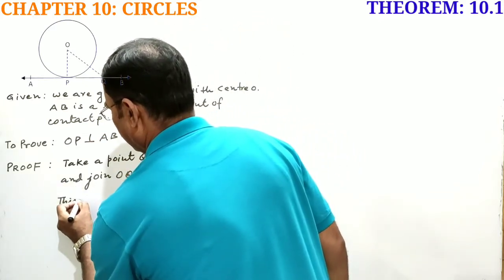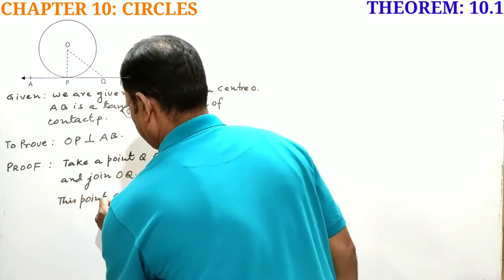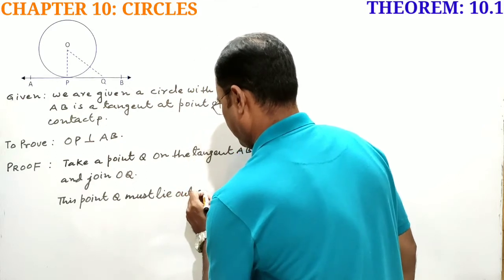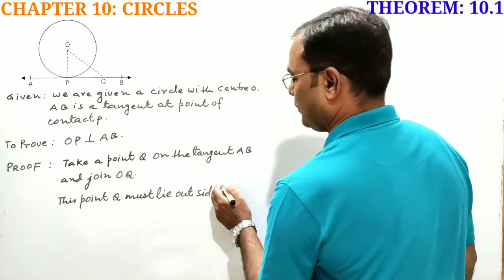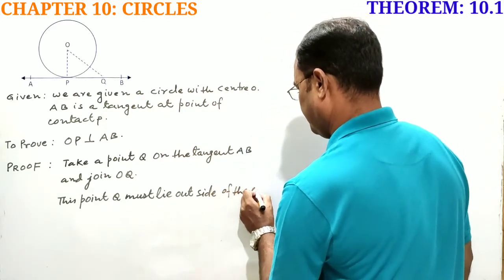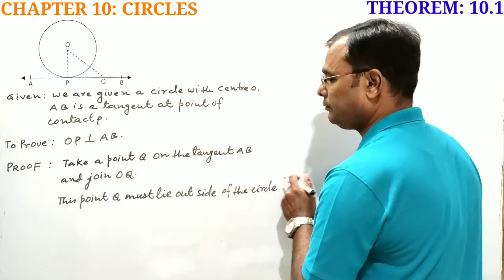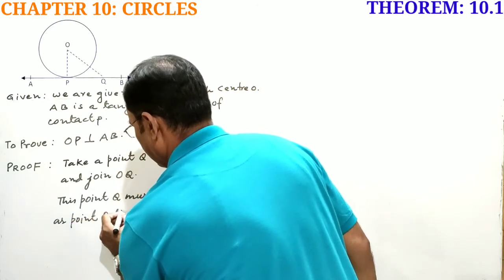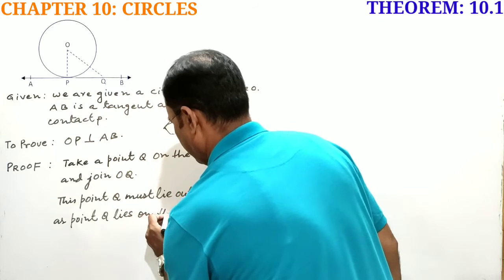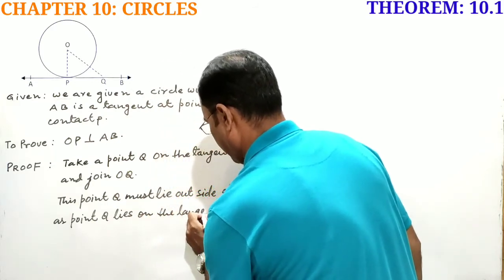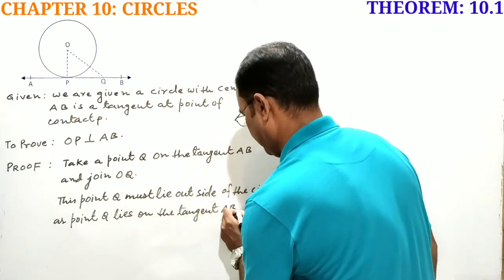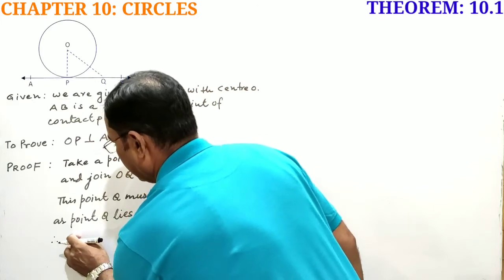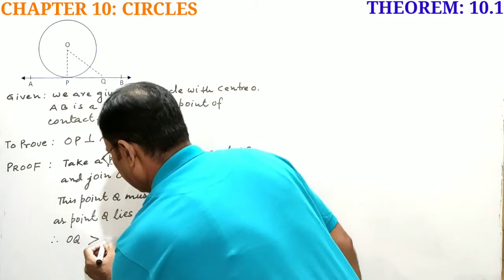This point Q must lie outside of the circle, as point Q lies on the tangent AB. Therefore, OQ is greater than OP.